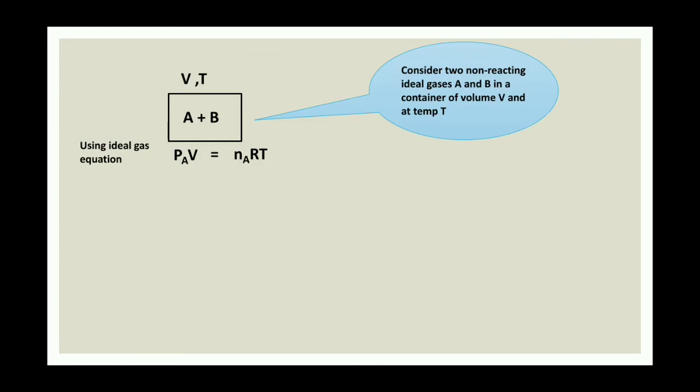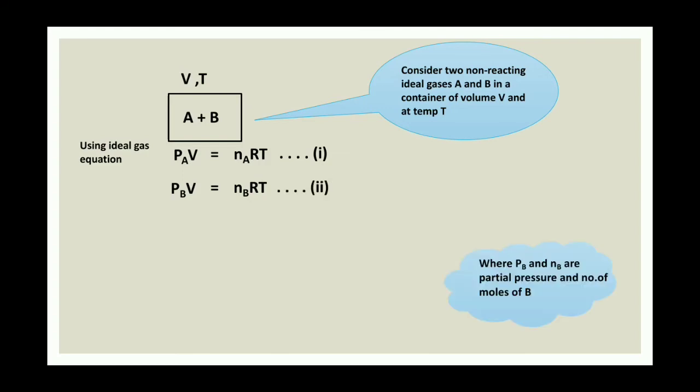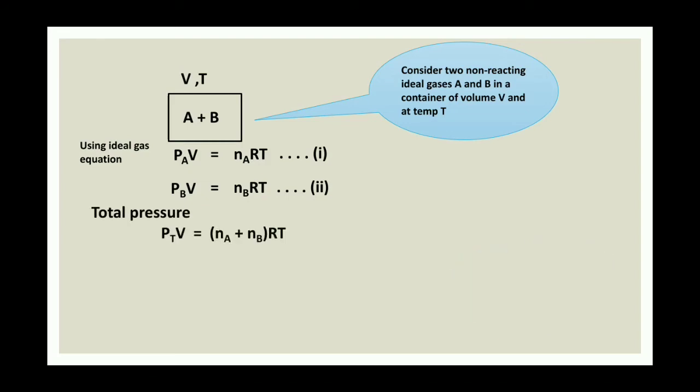PA is the partial pressure of gas A and nA is the number of moles of gas A. Now for gas B, we can write PBV is equal to nBRT. Here also PB and nB are the partial pressure and number of moles of gas B respectively. For the total pressure, we can write PTV is equal to (nA plus nB) into RT.